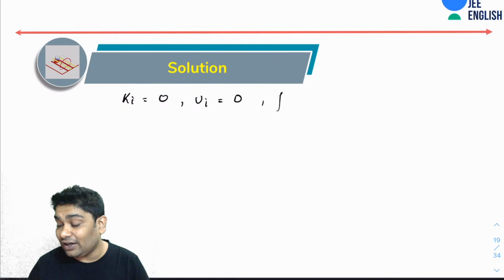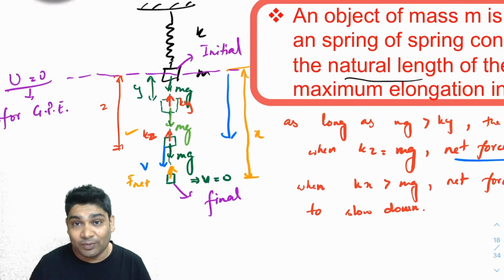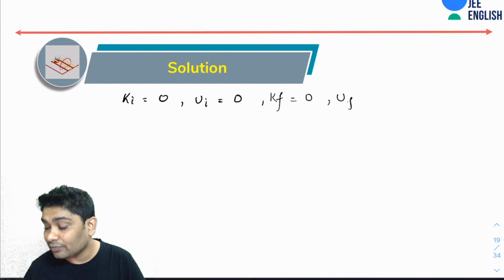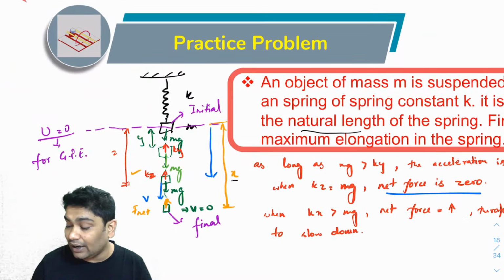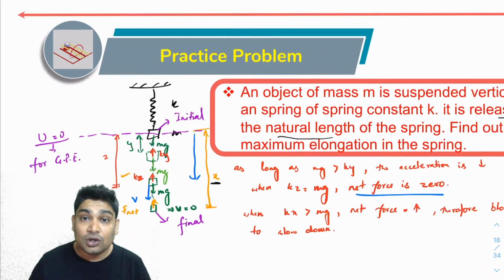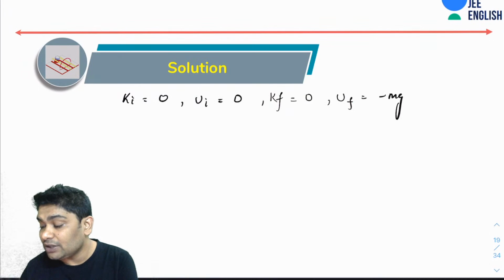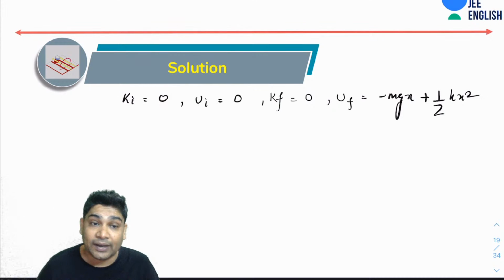How about my final K? Final K is again 0, as I discussed that at the maximum elongation the v would be 0 for the block. And how about my U final? This block has come down by a height x from my 0 level. So gravitational potential energy would be minus mgx, and you will have a plus half kx squared amount of energy stored in the spring.